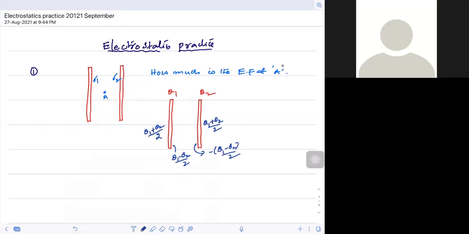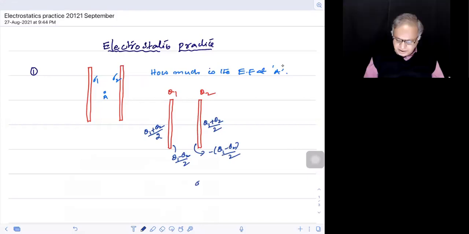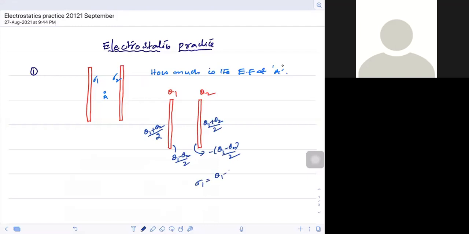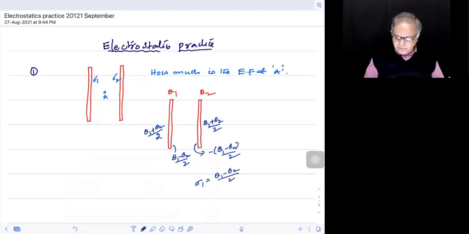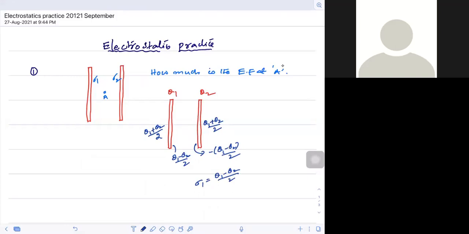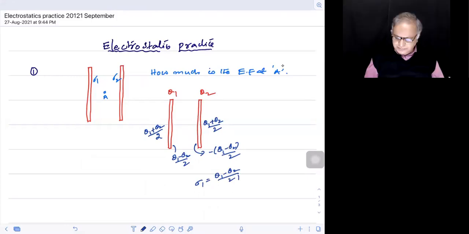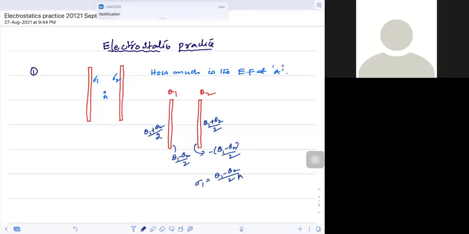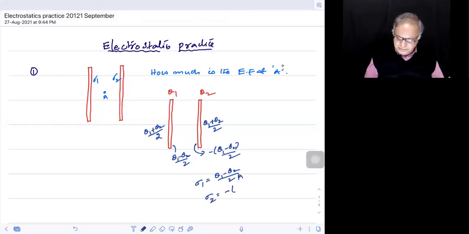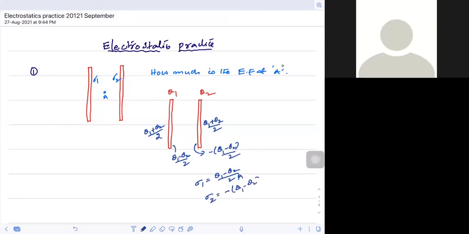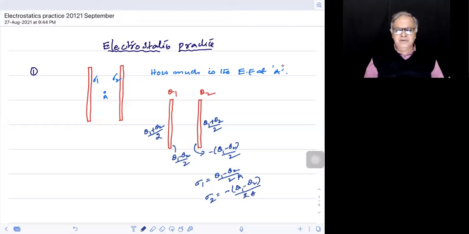Sigma 1 will be Q1 minus Q2 by 2 into the area of that face, by area. Okay. Sigma 2 will be minus of Q1 minus Q2 by 2A. Okay, agreed.